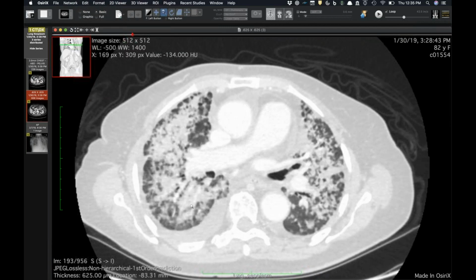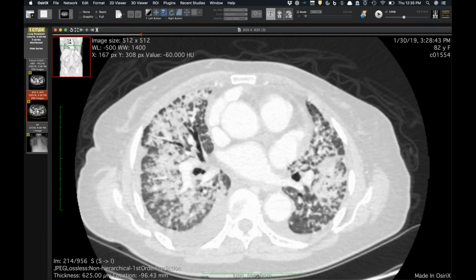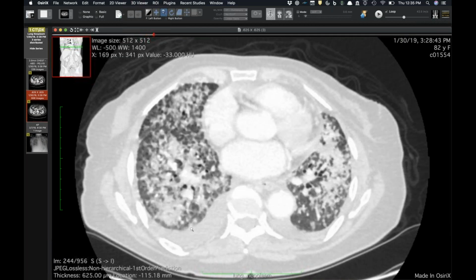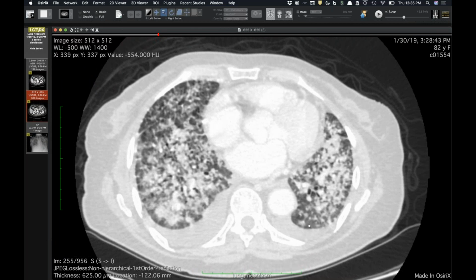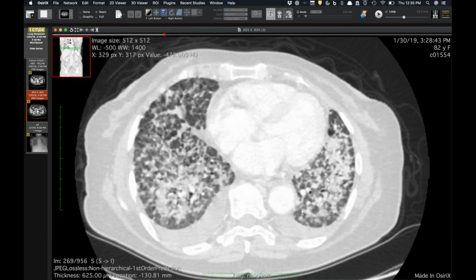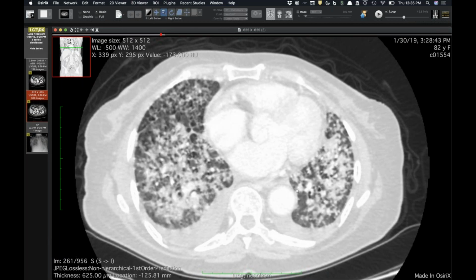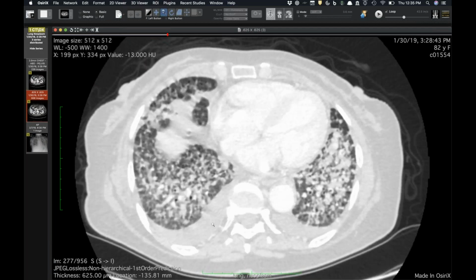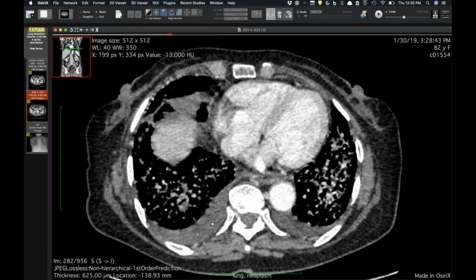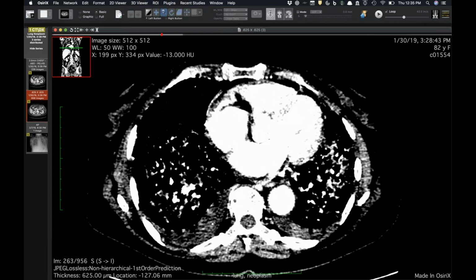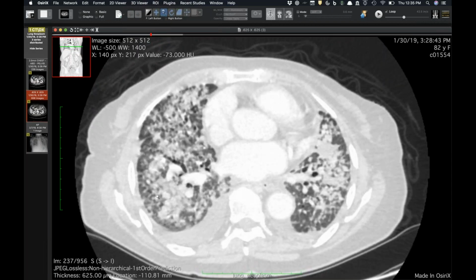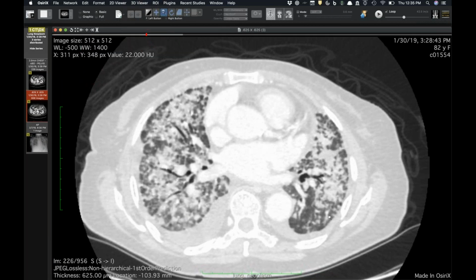Now, everyone was all worked up about this being miliary TB or miliary cocci or some other sort of miliary infection, but the consensus among myself and my colleagues was, when we looked at this, she wasn't that sick, that this was going to be diffuse adenocarcinoma. And I was not convinced that this was going to be infection, even though cocci can be nasty sometimes, because it's not really miliary.